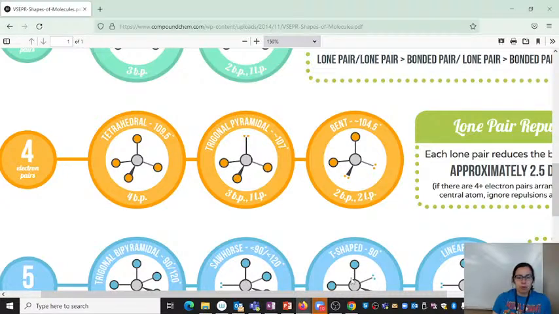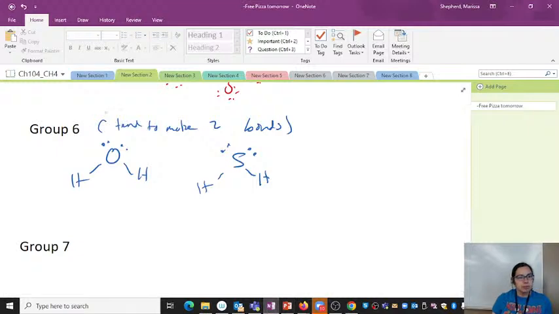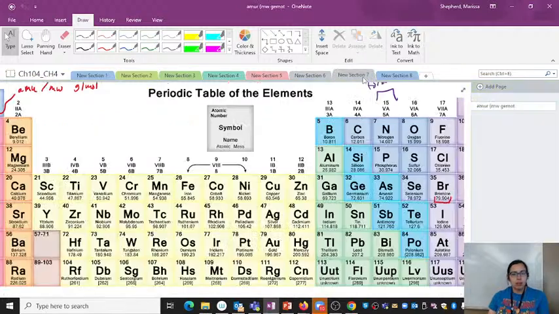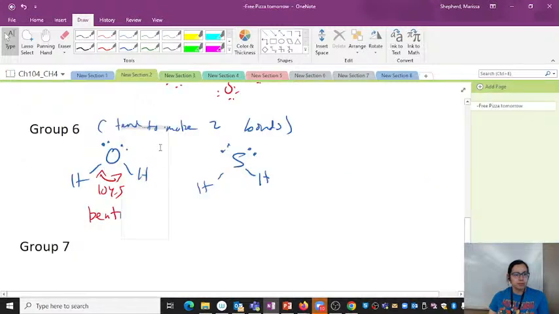Now it's 104.5 degrees, and this is called bent for the geometry. Again, they would follow a lot of the same pattern.